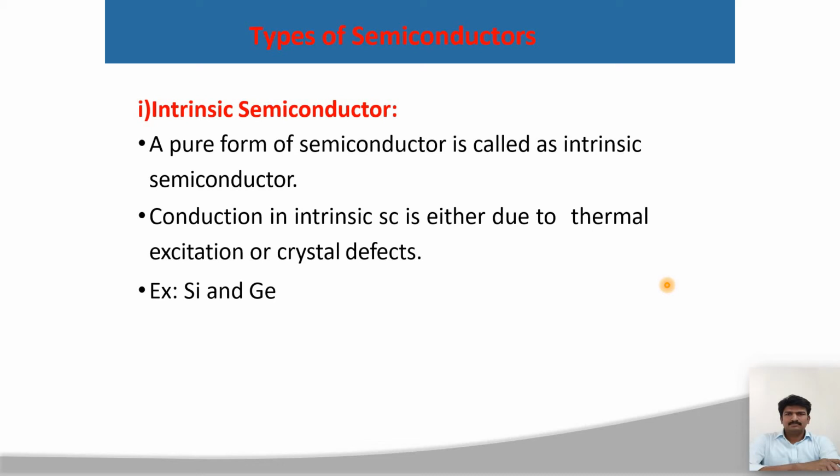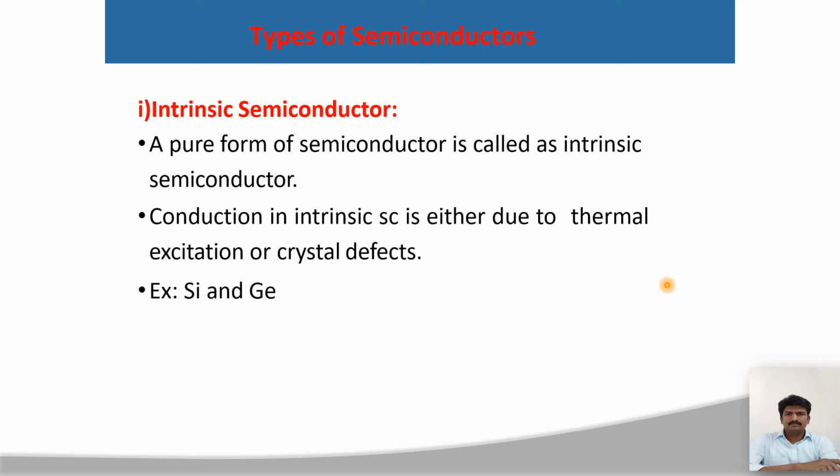Two types of semiconductor materials are there: intrinsic semiconductor and extrinsic semiconductor. The pure form of semiconductor is called an intrinsic semiconductor. Germanium is a pure form of semiconductor, that is intrinsic. Silicon is also a pure form of semiconductor, called an intrinsic semiconductor.